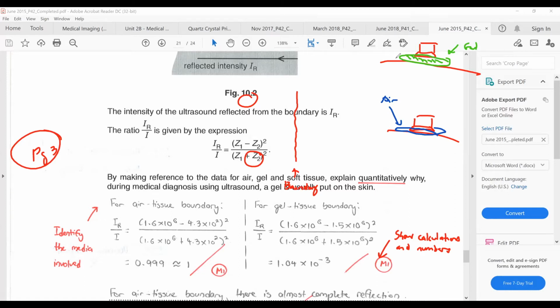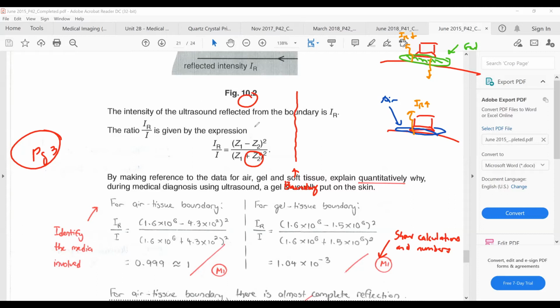If you're using gel, your intensity reflected would be very small. But if it's just air, your intensity reflected will be very large. Okay, so that was what I explained. Here, you're trying to explain the same thing, but you're trying to prove it with calculation.